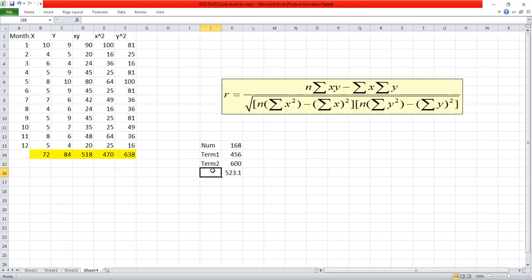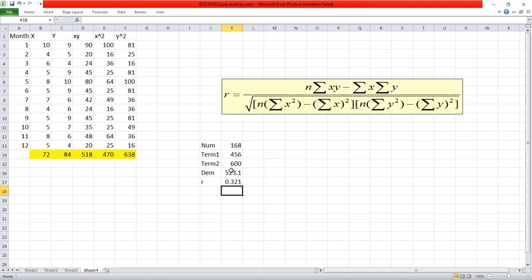This is the denominator. Divide them. So R is equal to this divided by that, 0.32. It is positive, so X and Y are weakly positively correlated. Why? Because this is below 0.5.